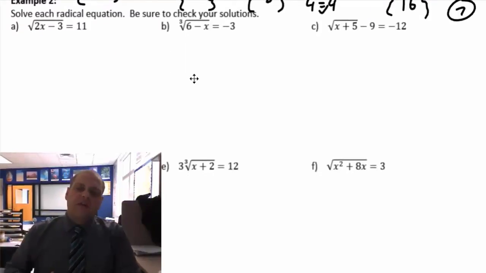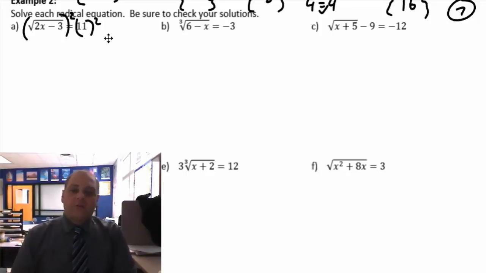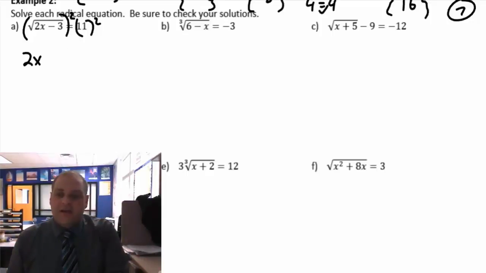All right, so a little trickier now. For example 2, we're going to throw some binomials in, and you're going to have to do some work here. It's not going to be that bad. Again, we have the radical all by itself, so we're going to square both sides the way it is. When you square radical 2x minus 3, the square cancels out the radical, and you just get 2x minus 3.